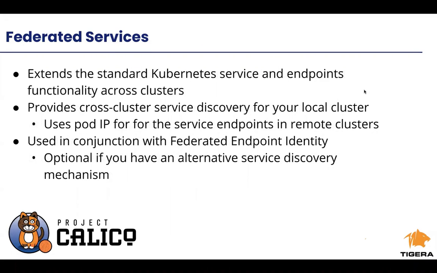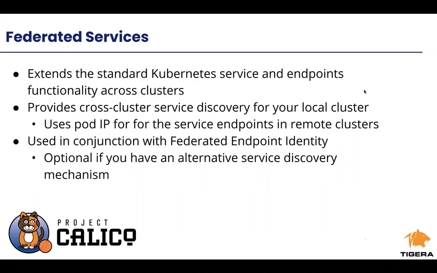And then federated services. Federated services extend the standard Kubernetes service and endpoints functionality across clusters. This provides cross-cluster service discovery for your local cluster. It uses the pod IP for the service endpoints and remote clusters, like we had just been talking about a moment ago. This is used in conjunction with federated endpoint identity.